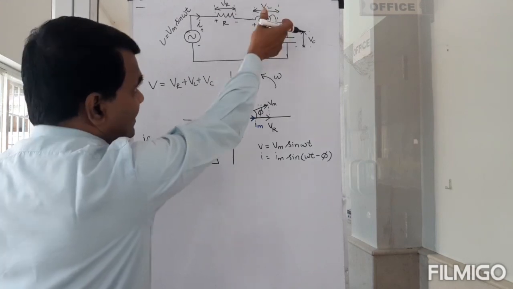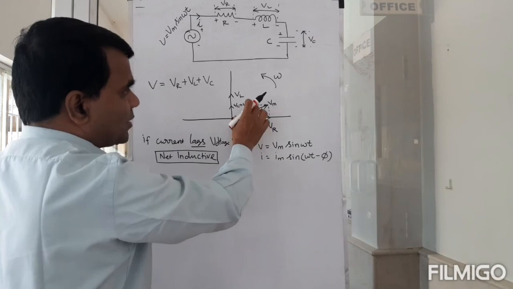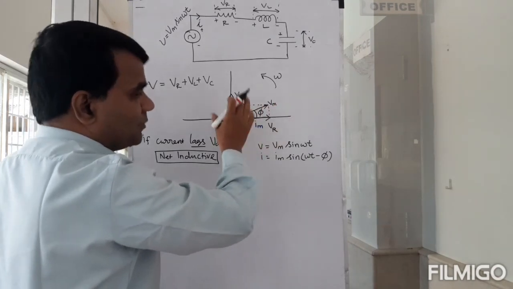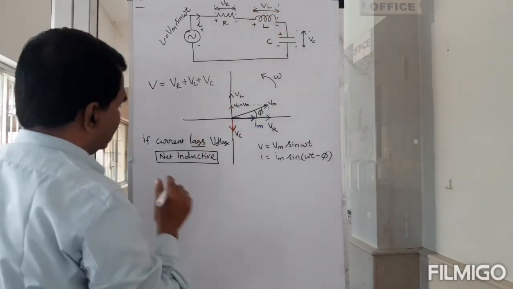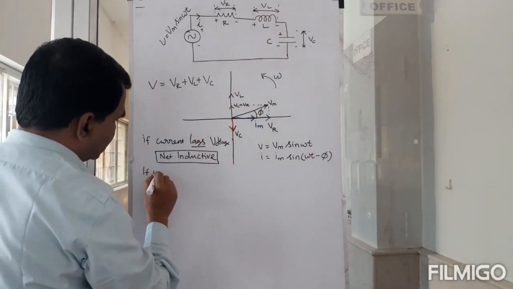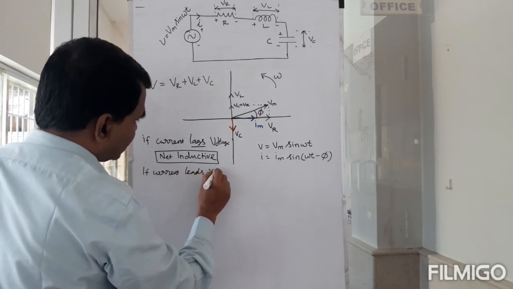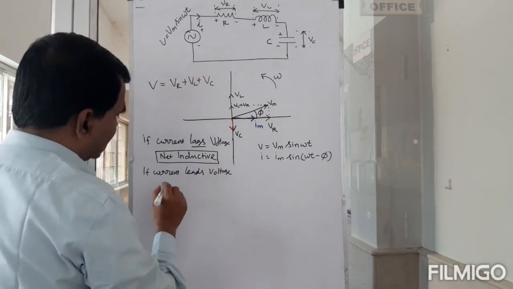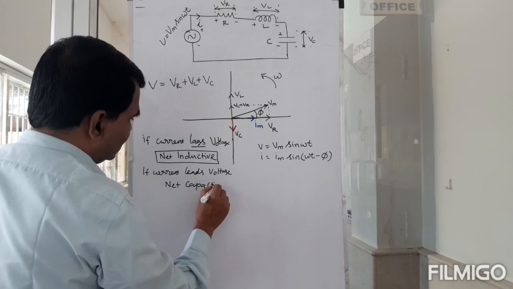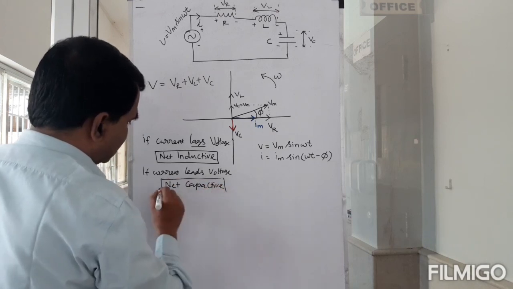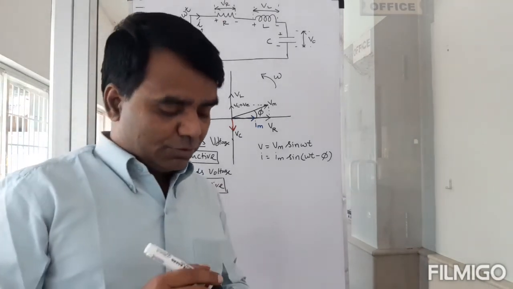In pure inductance it is 90 degrees, but here it lags by some other angle. Still, if it lags, then this effect is dominant. And if current leads the voltage, then the circuit is net capacitive. I want you to understand this.